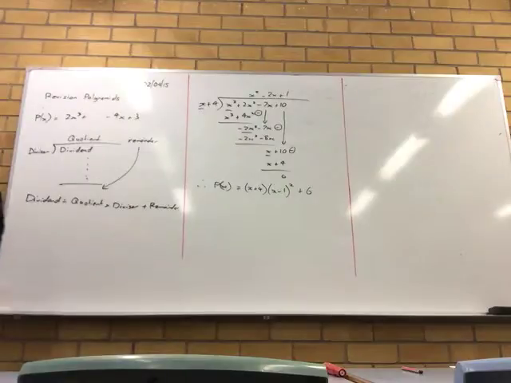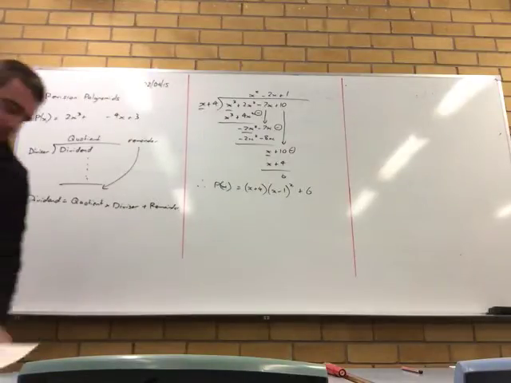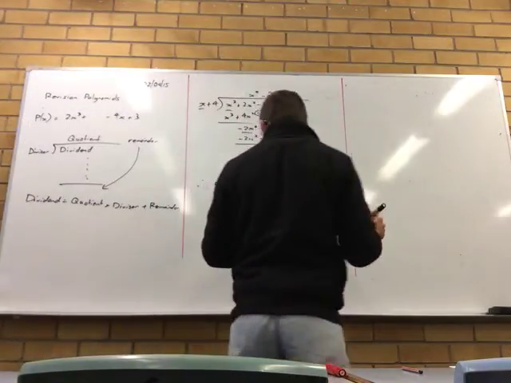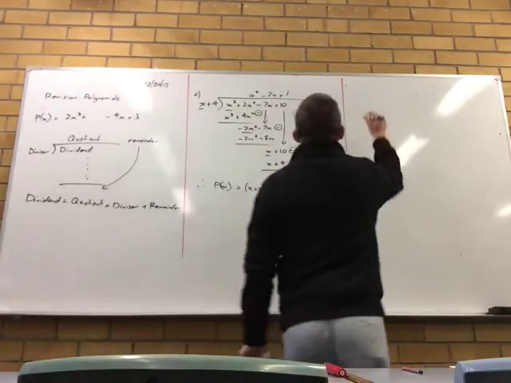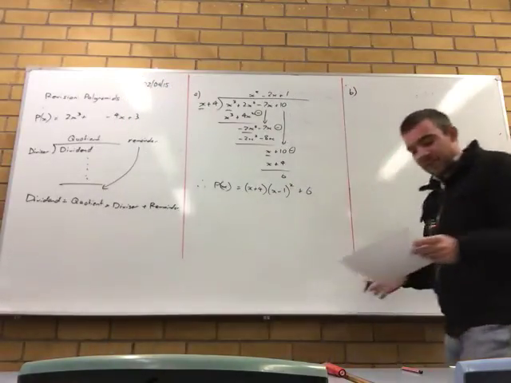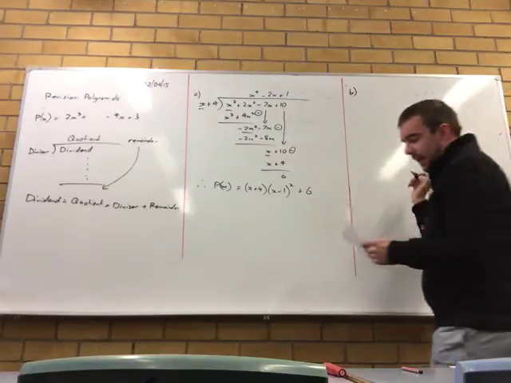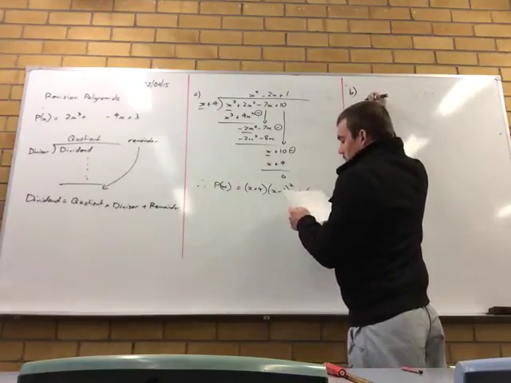Remember when questions ask you in fully factored form, you may have a quadratic that you can still factorise. Keep that in mind. Right, what's missing in B? The square. Okay, so that means you need to put that in there to help you with your process.